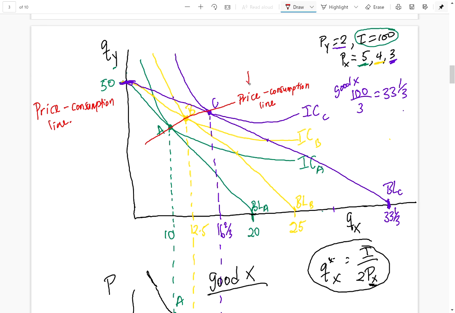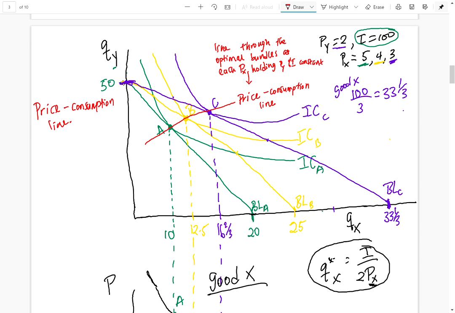Now, again, remember this is the line that goes through the optimal bundles at each price of good X, holding the price of good Y constant and the income constant.